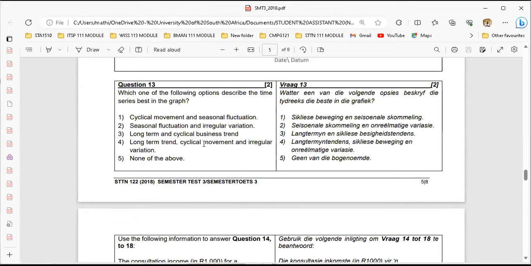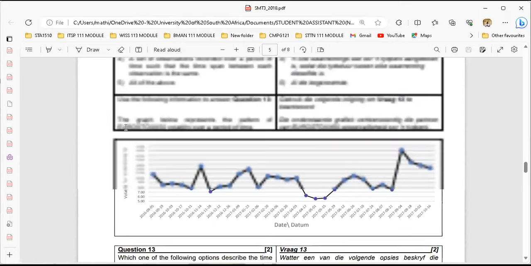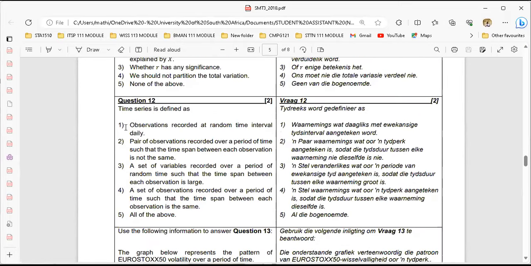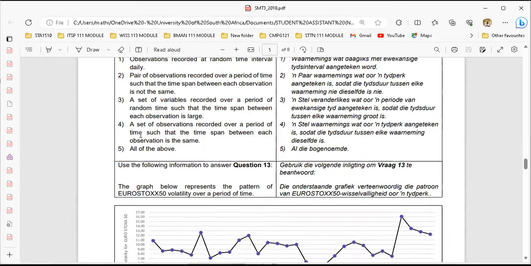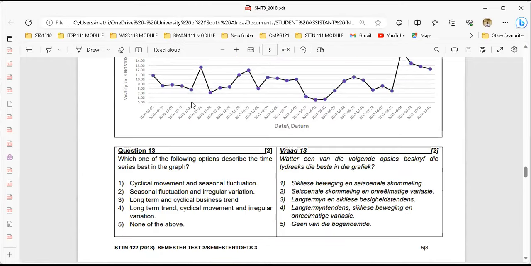All right, let's look at this question here. This is a time series, judging by this graph. They ask, which one of the following options describes the time series best in the graph?